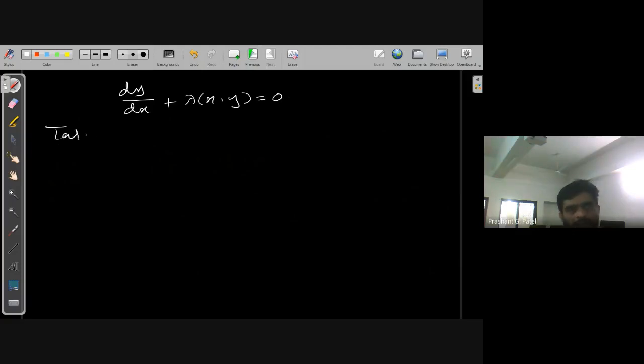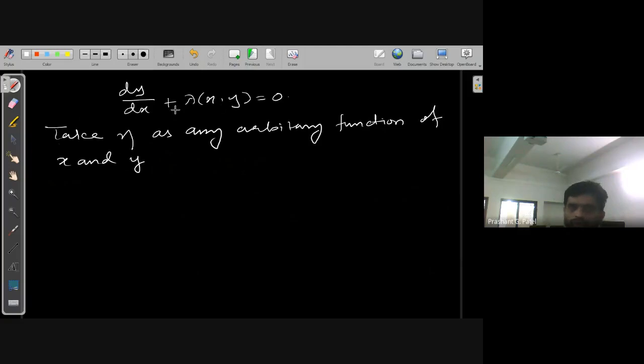Now let us take eta as any arbitrary function of x and y, because we got one solution from this, so we need to look at another function.